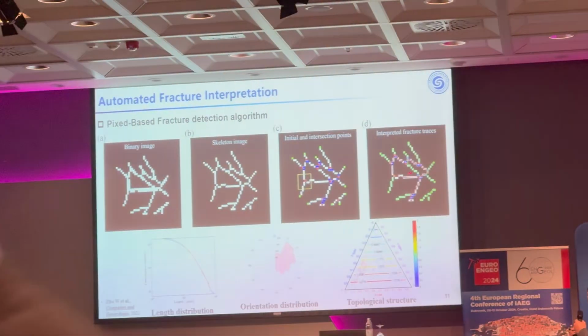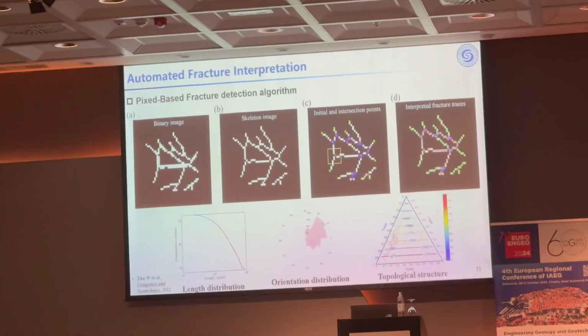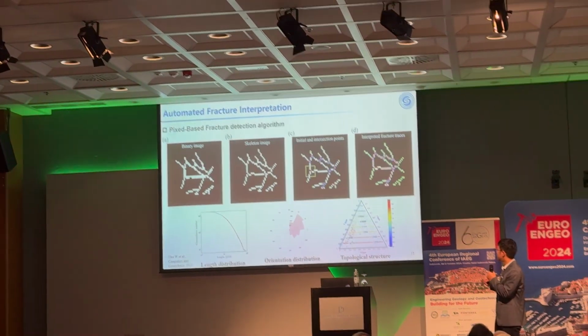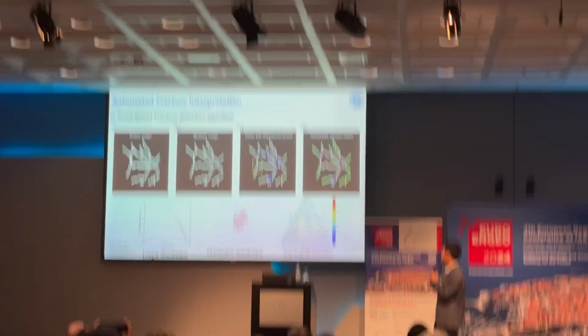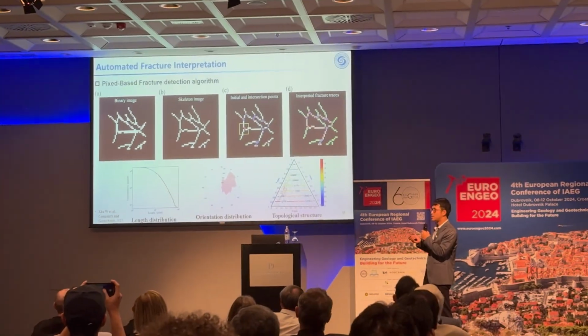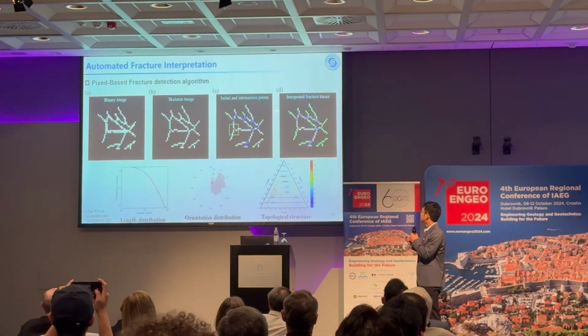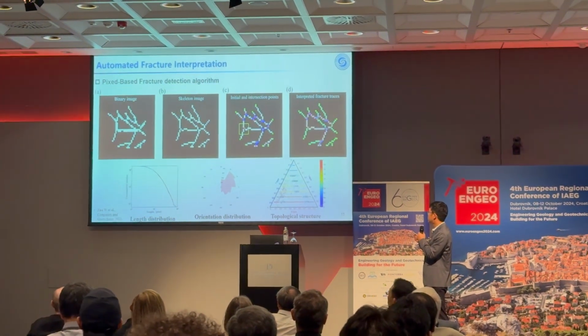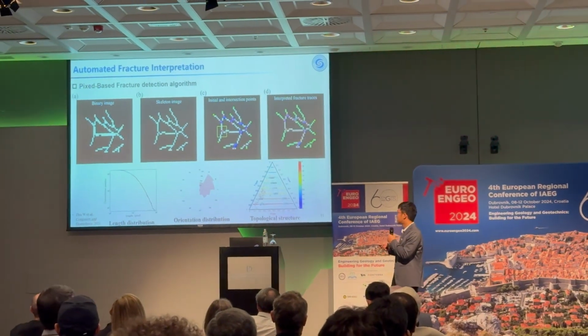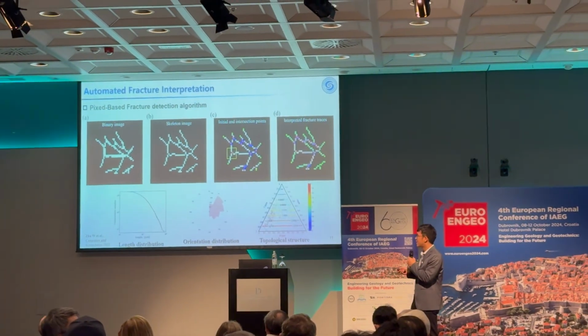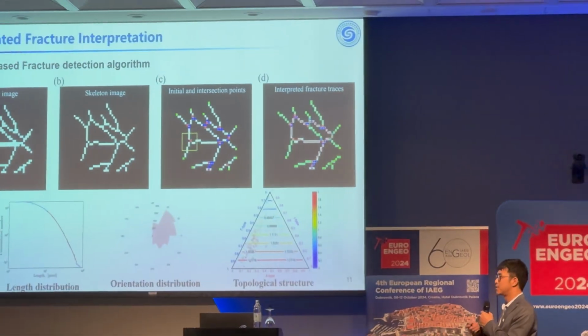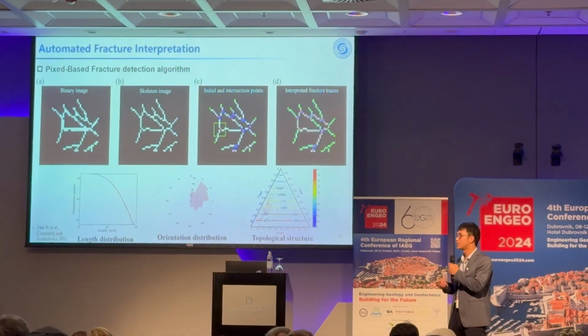Then we can track all the fracture traces. Here they are marked in green and red because there are two types. The green type is constrained by at least one initial point, and the red one is constrained by 2 intersection points. By doing this, we can automatically interpret the raw outcrop images to fracture traces.